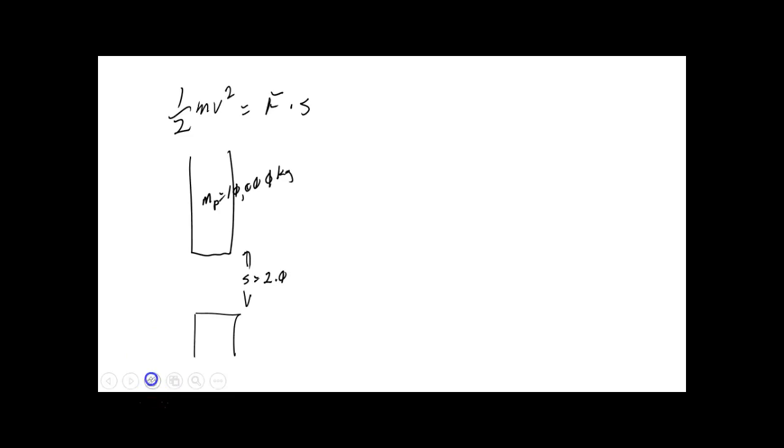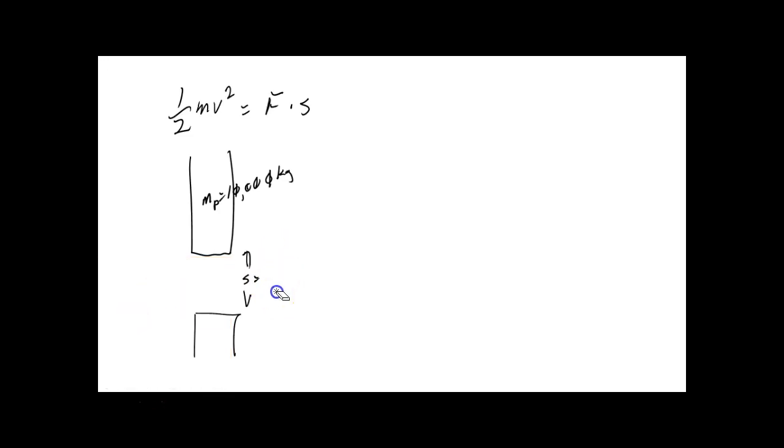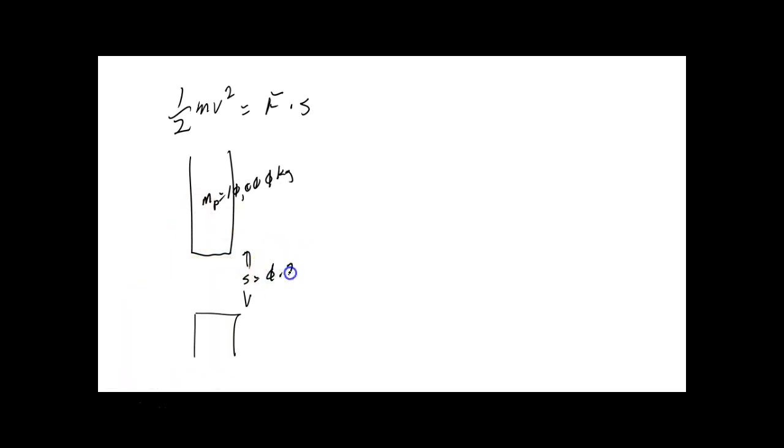Okay, I hit the wrong key here. I need my eraser. Okay, it's not 2 meters. It's only going to drive it into the ground 0.2 of a meter. 0.200 meters. That's as far as it's going to drive, because this is hard stuff to drive it into the ground.